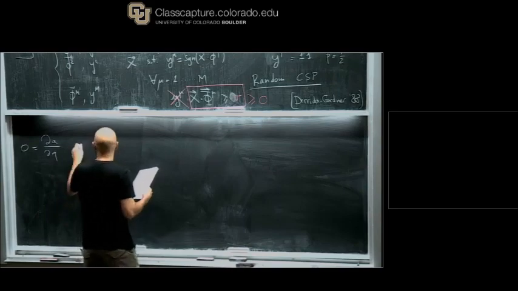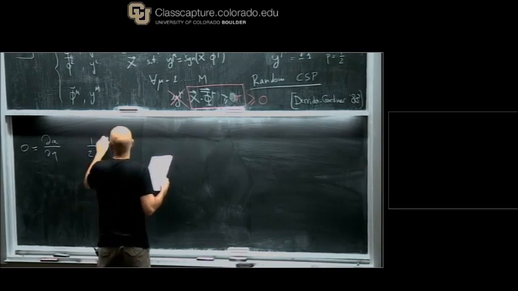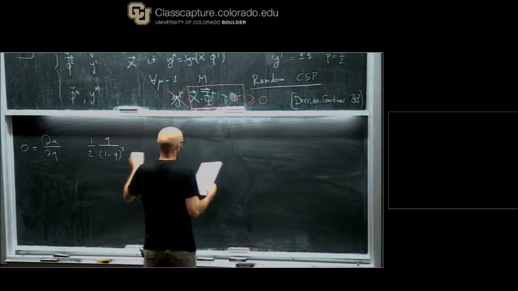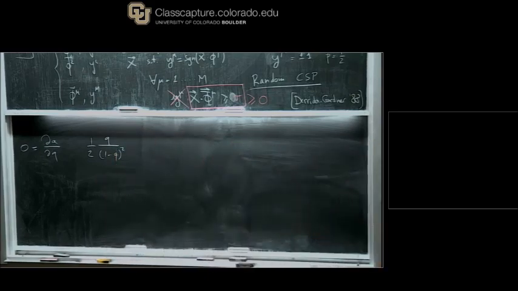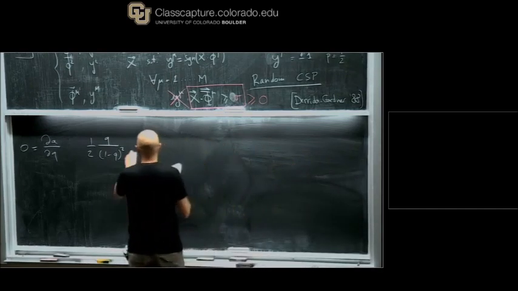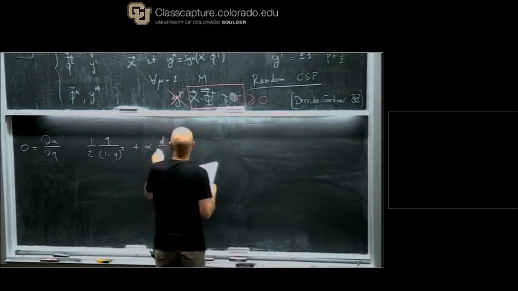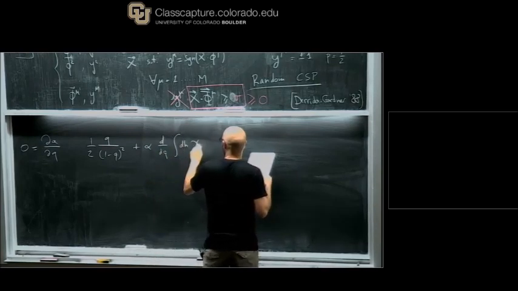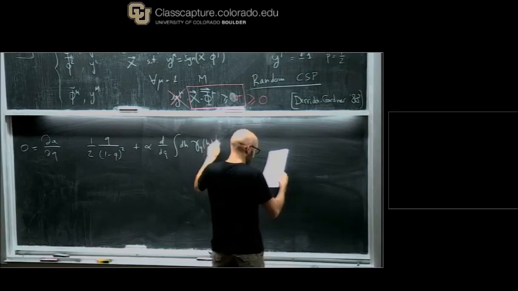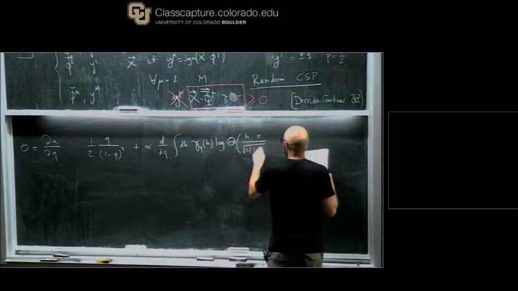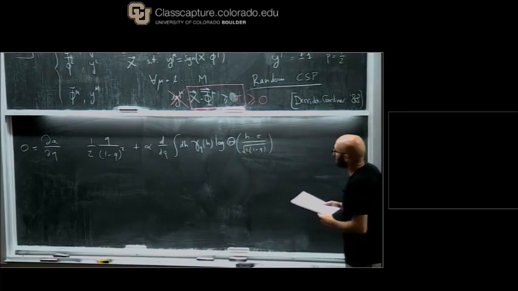And this gives me 1/2 Q times (1 minus Q) squared, which is the derivative of this first part, plus alpha times the derivative with respect to Q of the integral over H of gamma Q times the logarithm of this theta. And what you can see, so this should be 0.